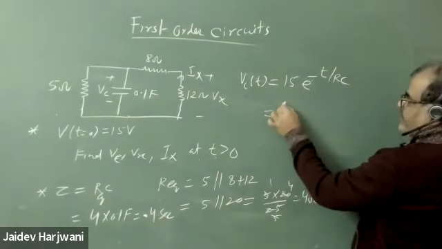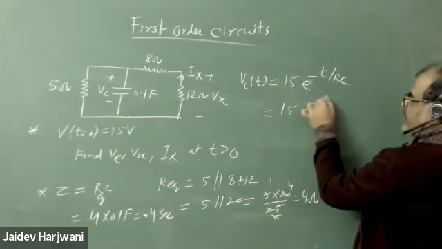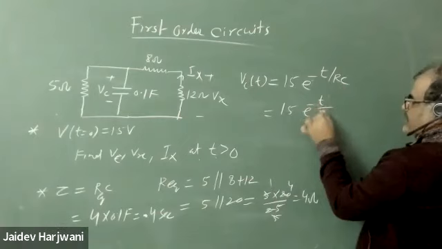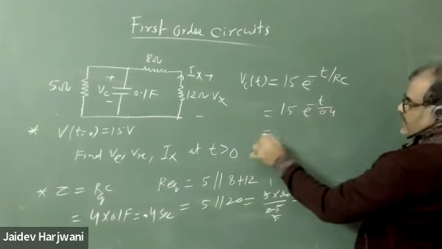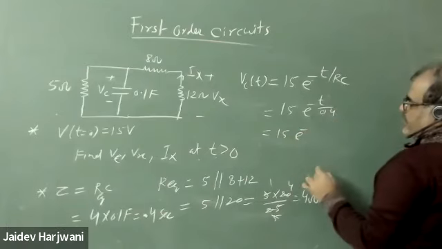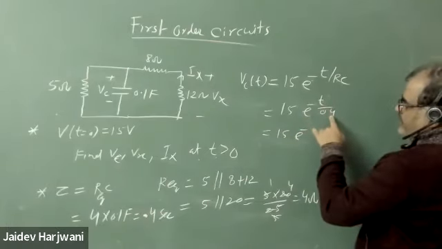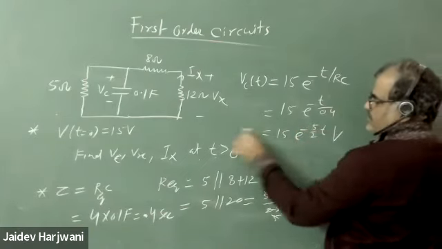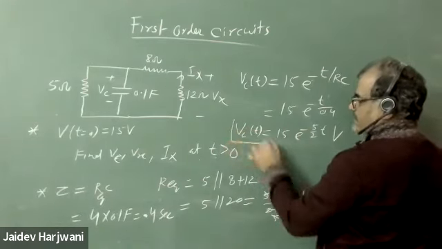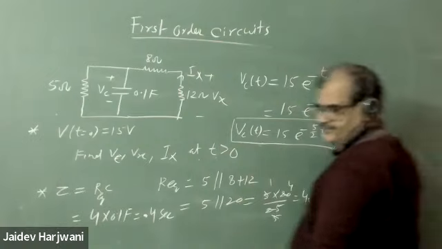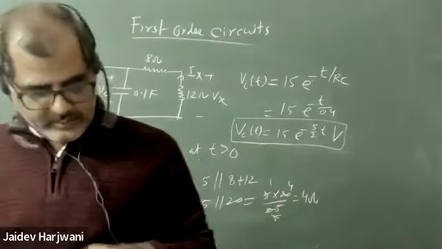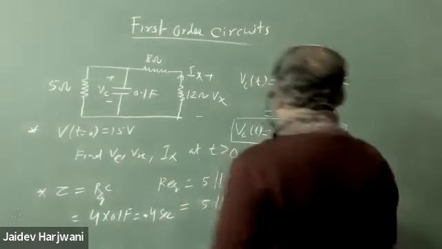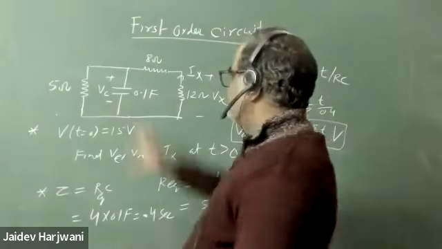So I can write this as 15 e power minus t upon 0.4, and 10 by 4 is 5 by 2, that is 2.5. So VC of t is 15 e power minus 2.5t volts, at some later time t. Hope you understand.